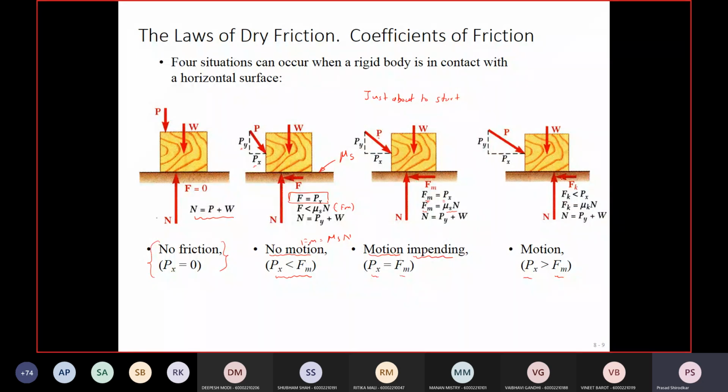So in that case, the block will start to move, and in this case, Fk is less than Px, where Fk is the kinetic friction. So Fk is mu k into N, where mu k, as I described earlier, is the coefficient of kinetic friction.